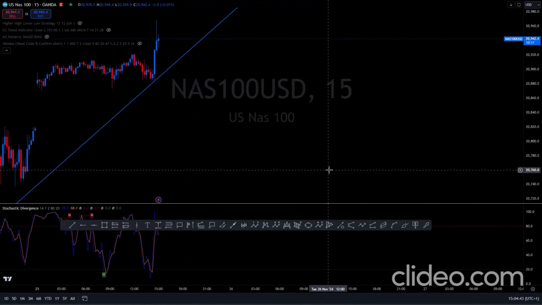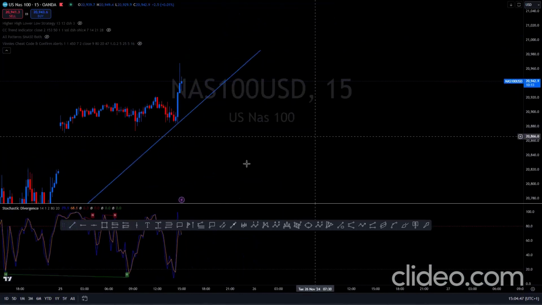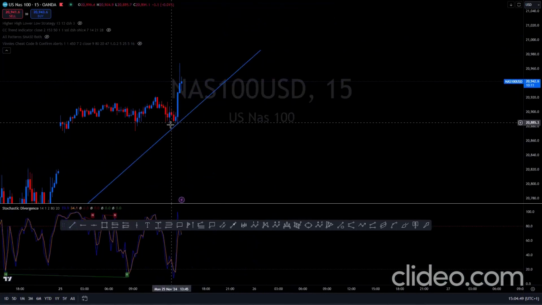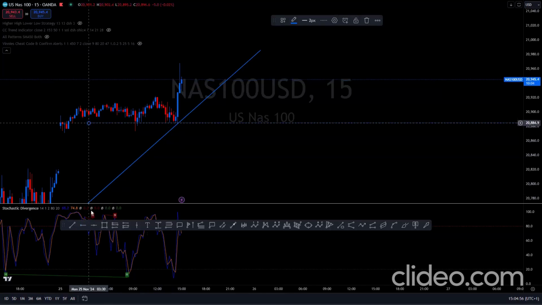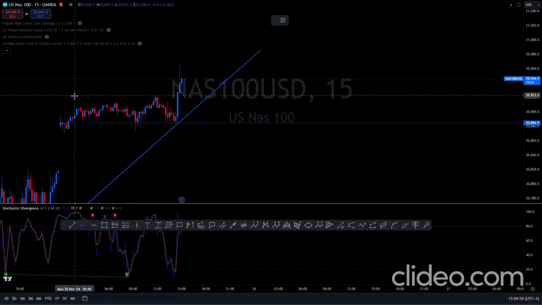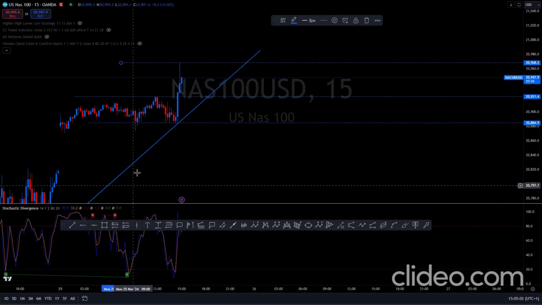So now we're going to mark up our market structure. So we're going to look for the most recent swing low, break the structure, and swing high. So you see that right here. Break the structure here, swing high.